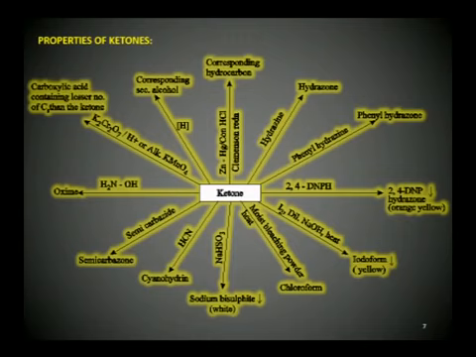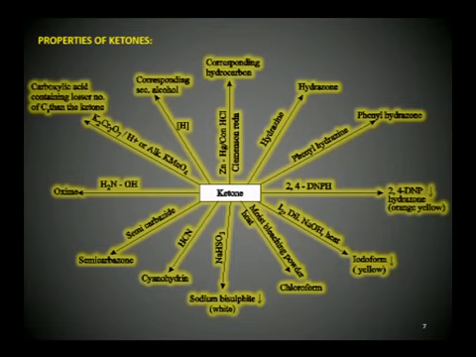When ketone is treated with sodium bisulfite, we get a white crystalline precipitate of ketone sodium bisulfite. When ketone is treated with hydrogen cyanide, cyanohydrins are produced. When ketone is treated with semicarbazide, semicarbazones are produced.